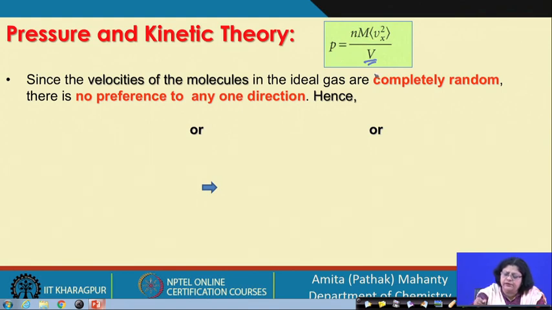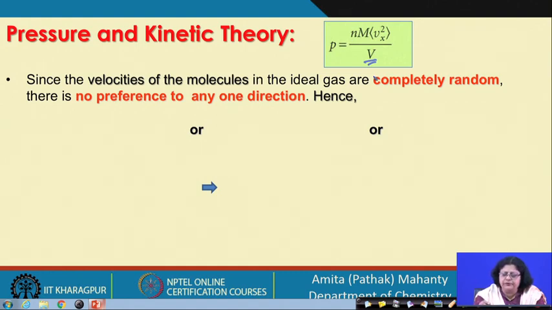Because force by area is the pressure, and the force was found out from the rate of change of momentum. The total rate of change of momentum was found out by considering the total number of collisions occurring, times the change in momentum for one collision.